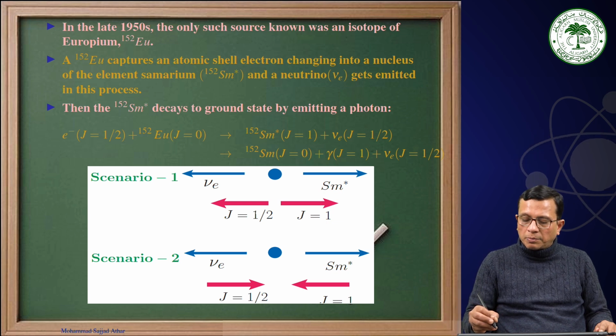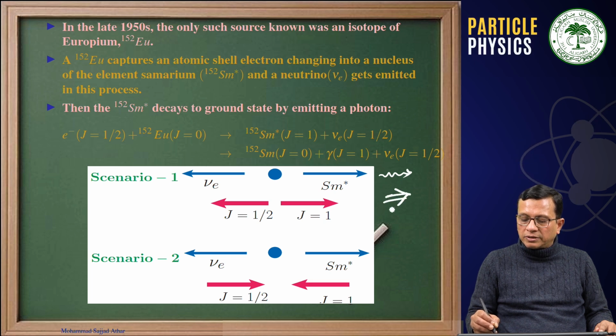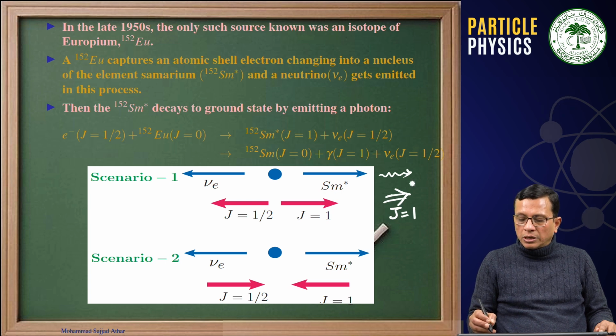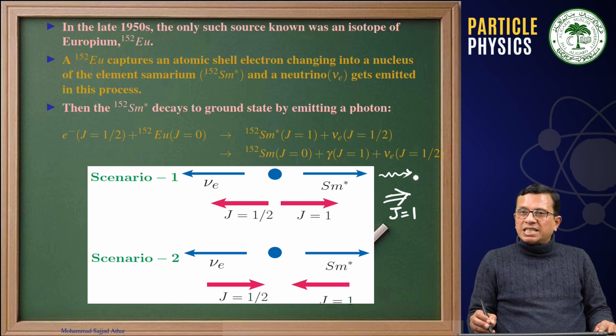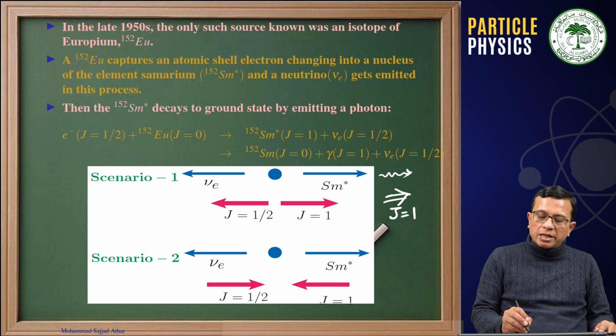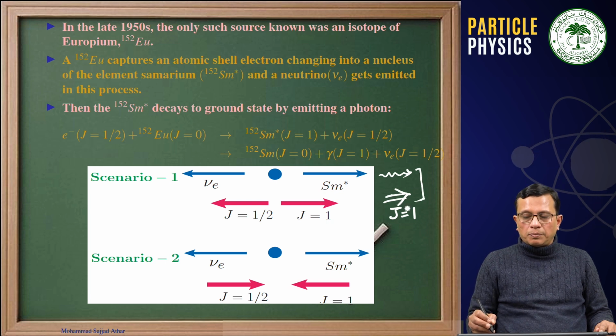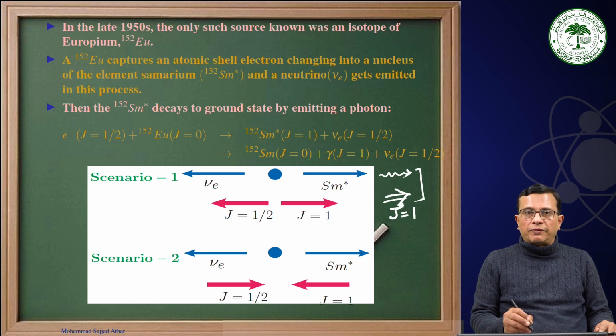Now, this samarium star is releasing a photon and coming to the ground state, and the momentum as well as the spin of the samarium star will be carried by the photon, and therefore the photon is getting emitted in the opposite direction of the neutrino. As well, to conserve angular momenta, here the photon has the same helicity as that of the neutrino.